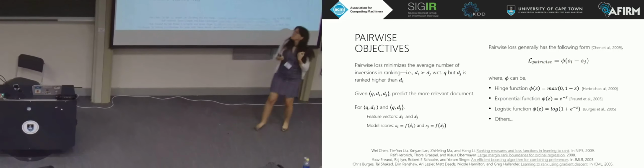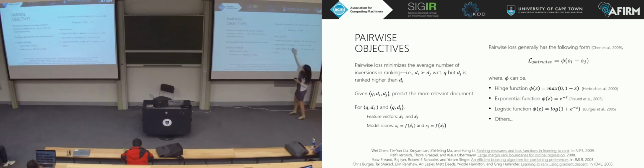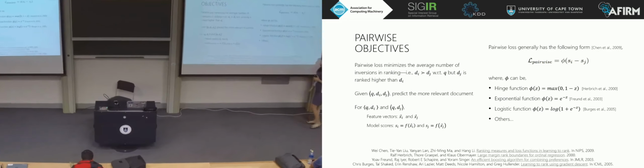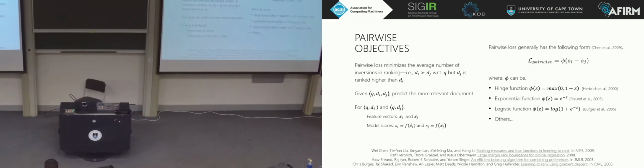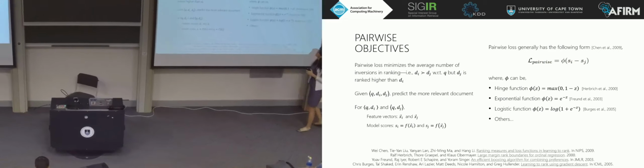There can be various ways to compute this function. Some people propose to use the hinge function, which is maximum of 0, 1 minus z. As you see, we want the z value to be higher here because i is supposed to be more relevant than j in the training data.